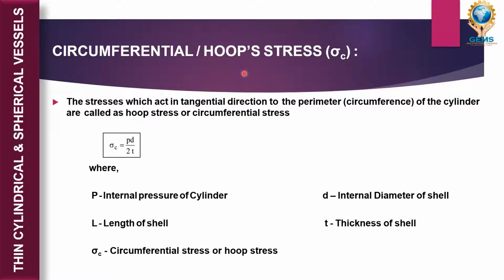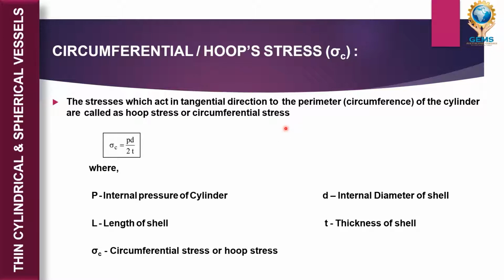Circumferential stress will be set up in the material of the cylinder, as it may burst into two parts. The stresses which act in a tangential direction to the perimeter or circumference of the cylinder are called hoop stress or circumferential stress.